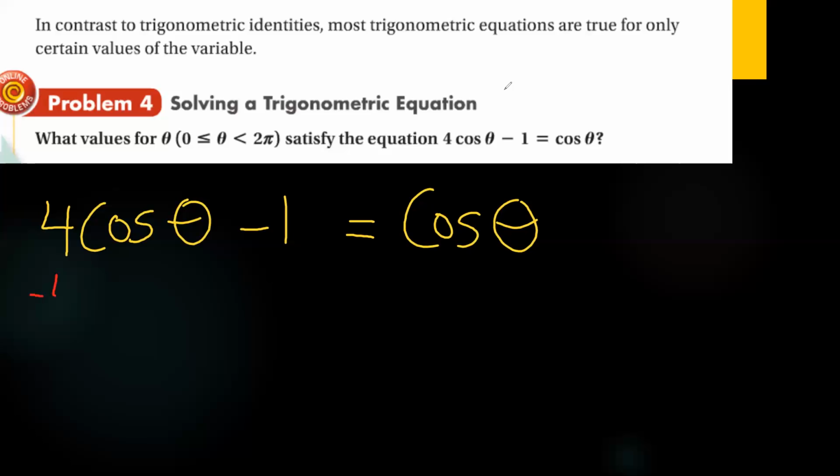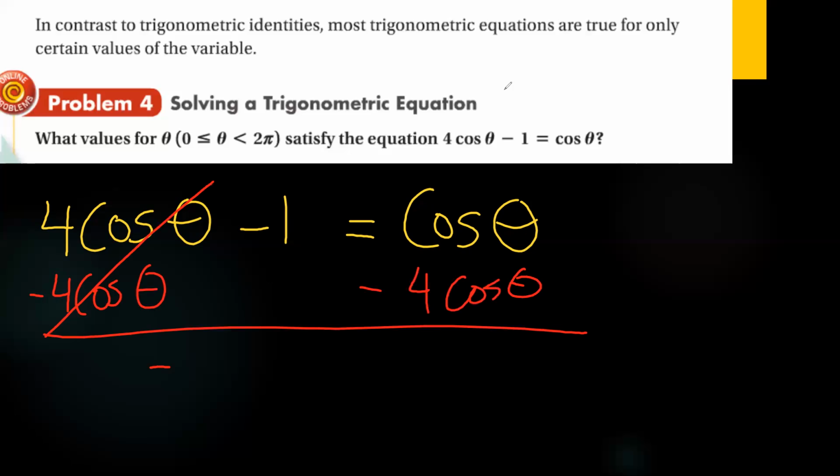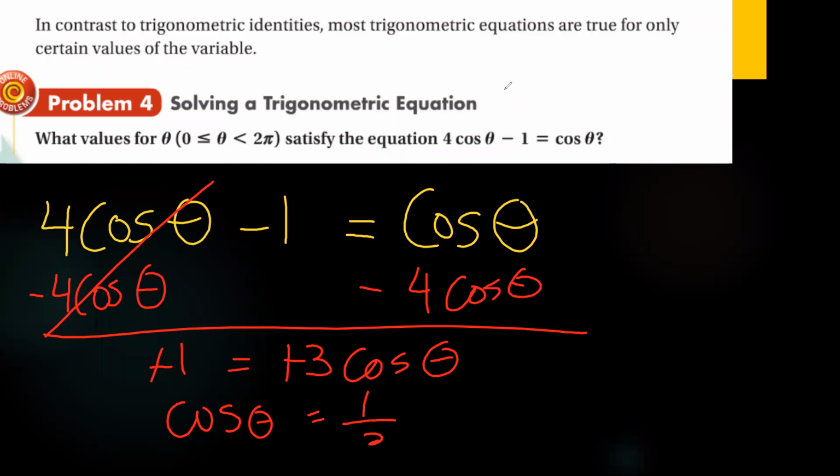So minus 4 cosine of theta on both sides. So we have negative 1 equals negative 3 cosine of theta. Negative cancels negative, so cosine of theta will be 1 over 3.